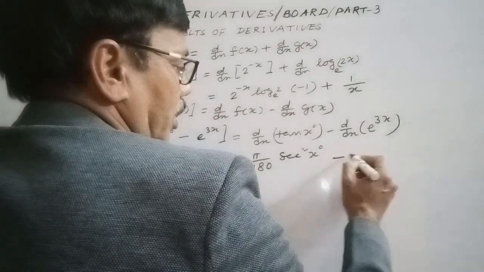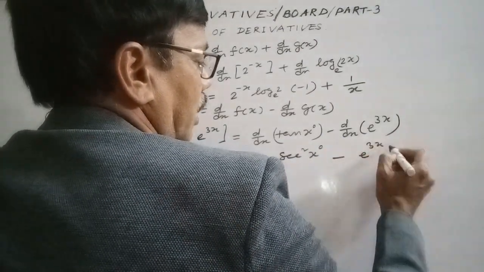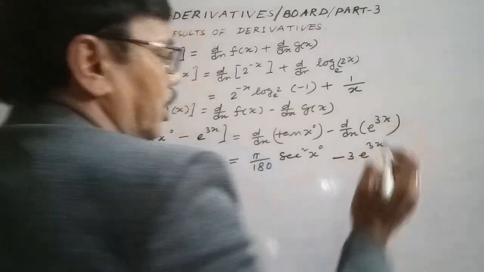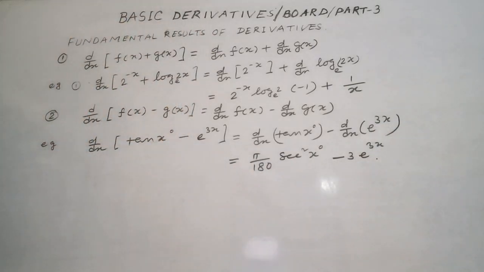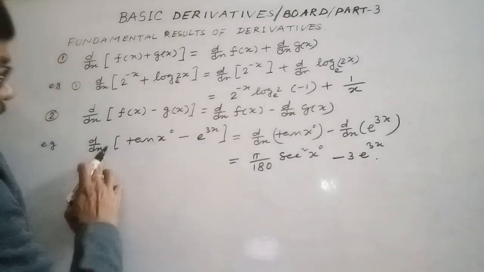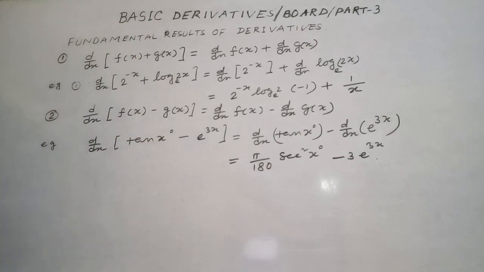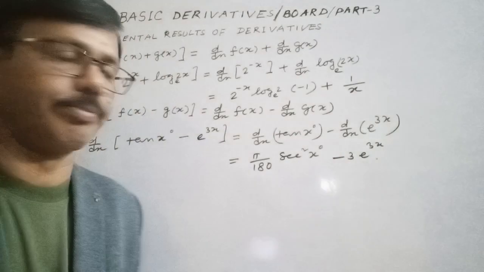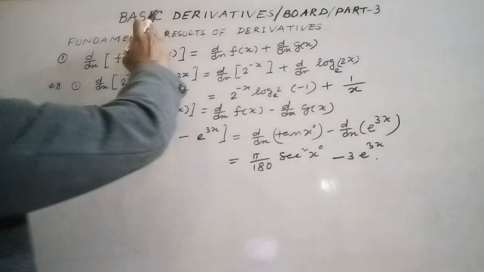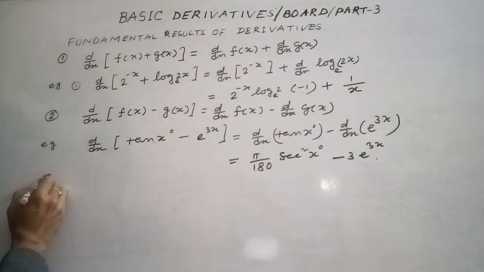And for e to the power 3x, it is e to the power 3x into 3, so 3 into e to the power 3x. So we can write this result directly, no need of showing this one. This is standard result 2, fundamental result 2.